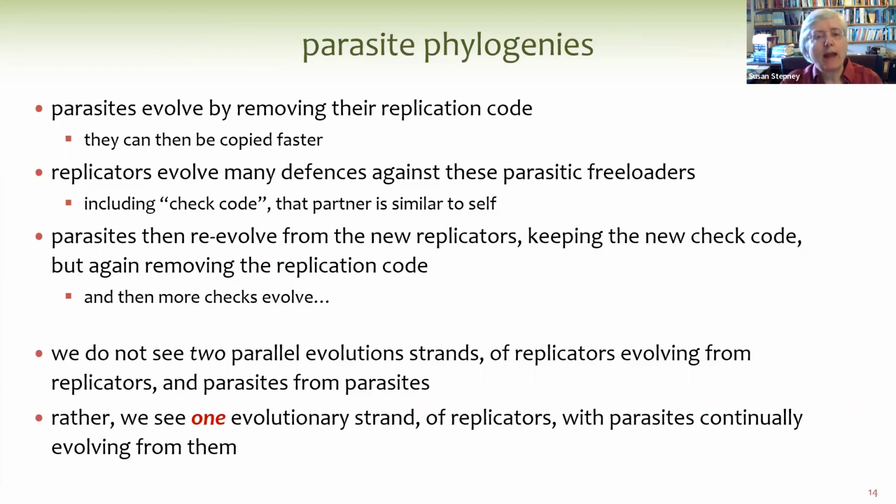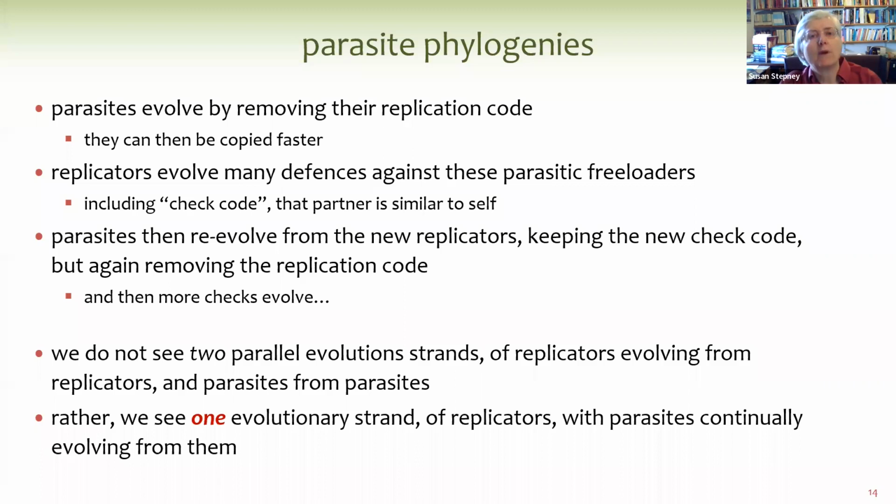So what's happening here is that the parasites are evolving by removing their replication code, which is making them shorter so that they can get copied faster. And one of the ways that the replicators then defend against this, there are a variety of different defense mechanisms, but the main way is to include some kind of check code in their own code that checks whether the partner that they're bound to is similar to themselves.